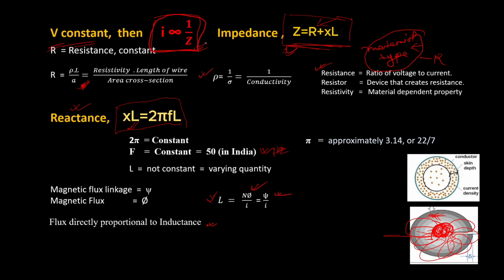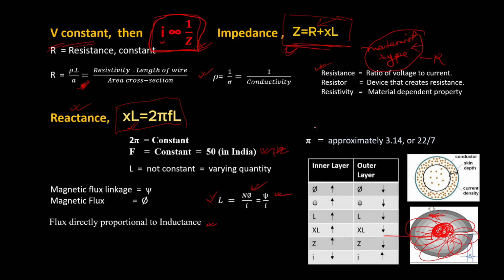So Z is increasing, that means I will decrease, because we know it's inversely proportional to Z. That's why at the middle part, current density is low. It tries to flow through the outer surface of the conductor.